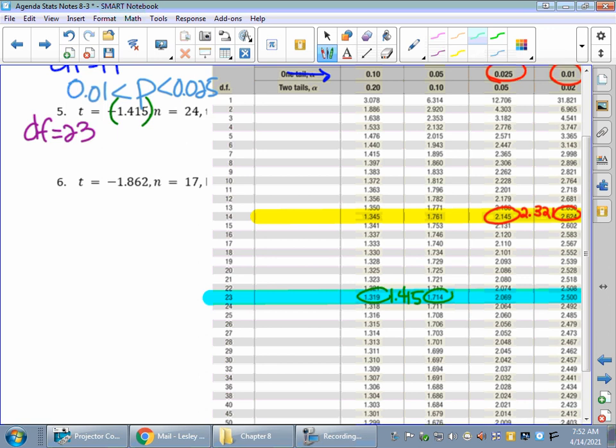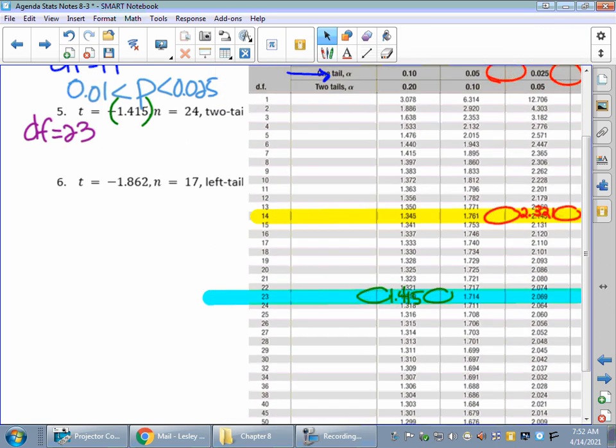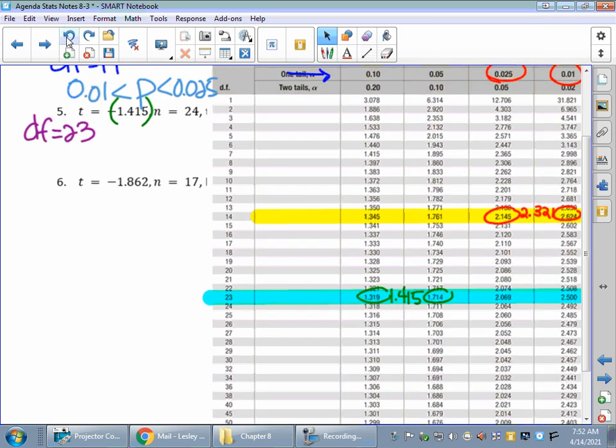Is it a one or two-tailed test? Let me just scooch this over. It's a two-tailed test. So when I go up for the two-tailed test, it's going to be somewhere in between those two values, a 0.20 and a 0.10.